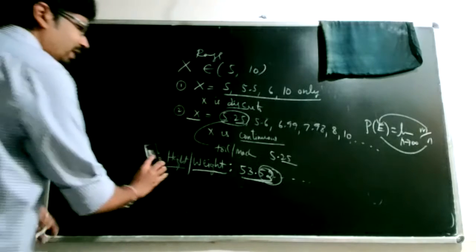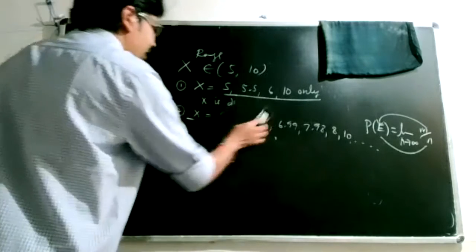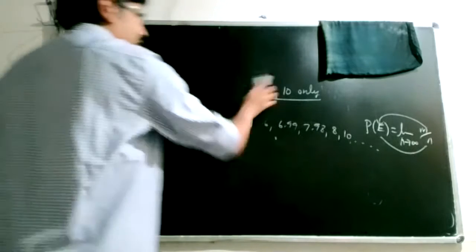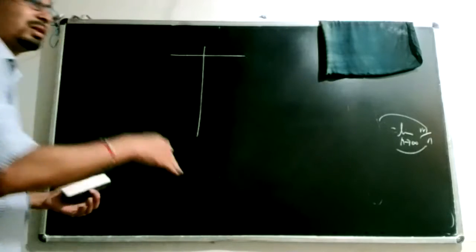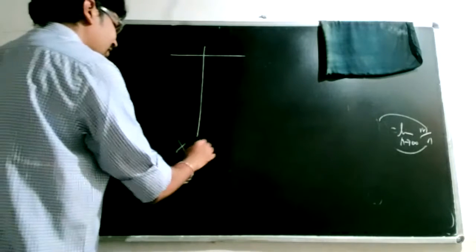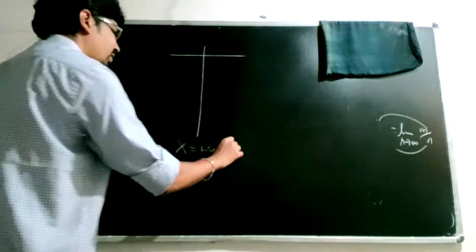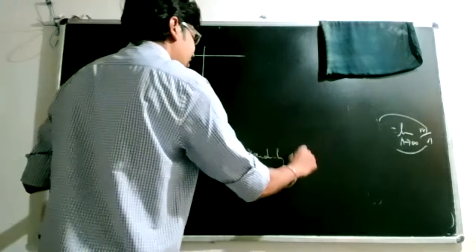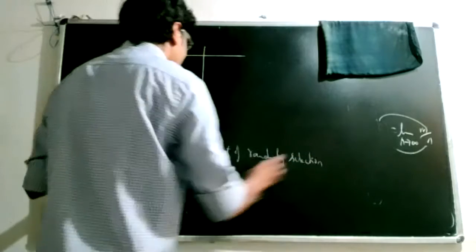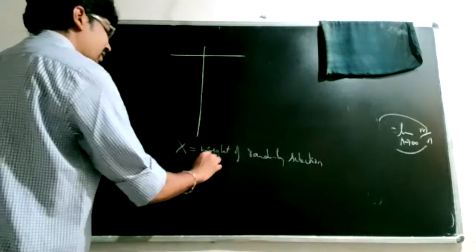Even in the field of random variables, you can have discrete and continuous. Height and weight are also random variables because you select a person randomly and extract the weight. So if I define x as the weight of a randomly selected student, then x becomes a continuous random variable.